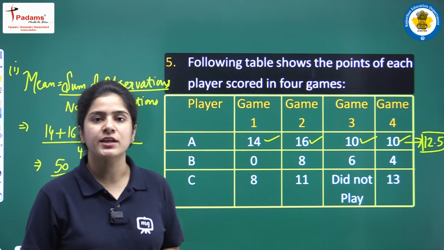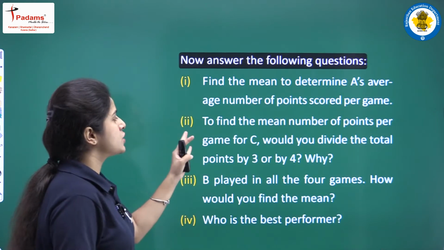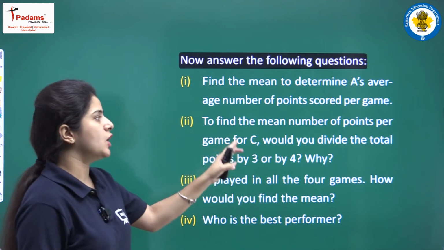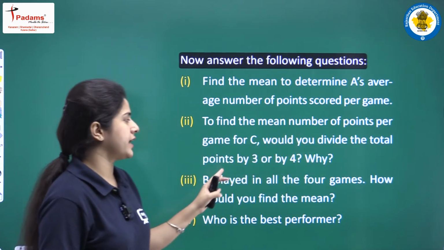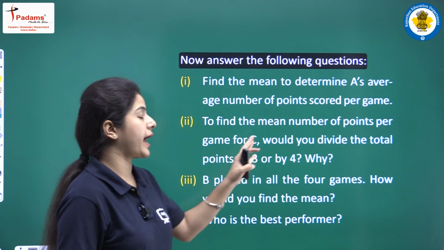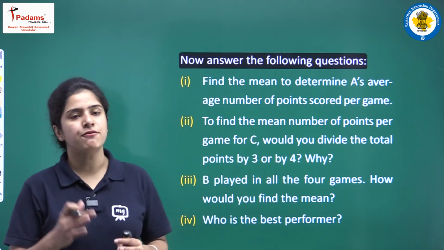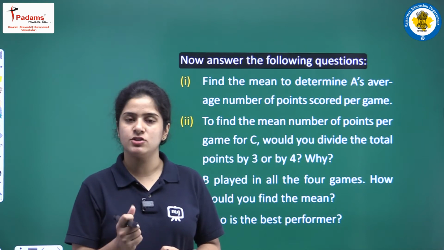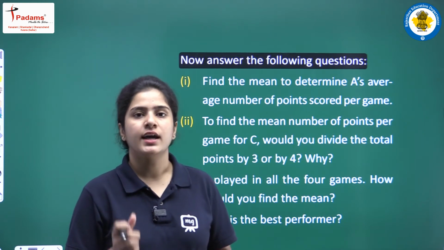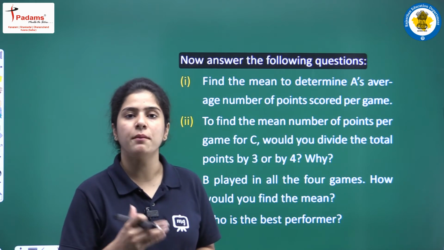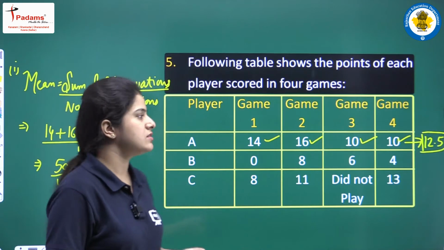Next part that we are going to discuss is the second part. To find the mean number of points per game for C, would you divide the total points by 3 or by 4 and why? Okay students, in this question you are asked that if you are going to find out the average of player C, then will you divide by 3 or by 4? Have a look students.